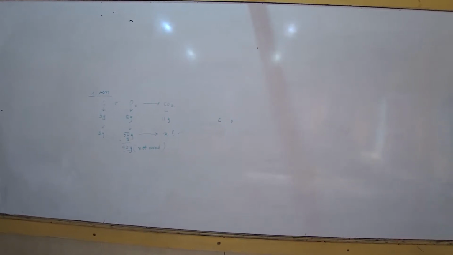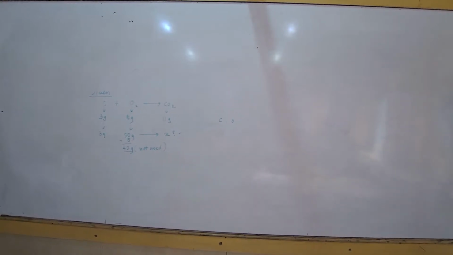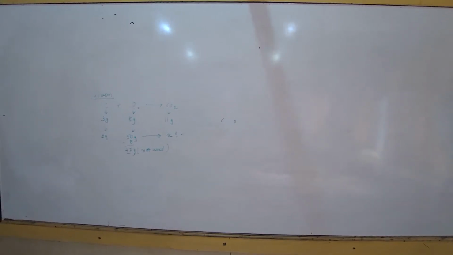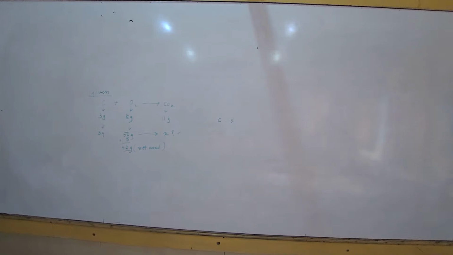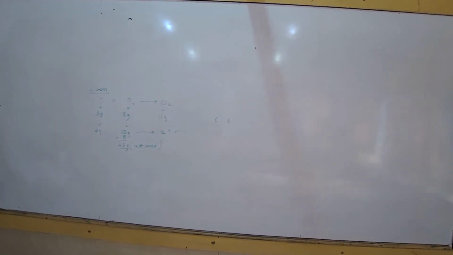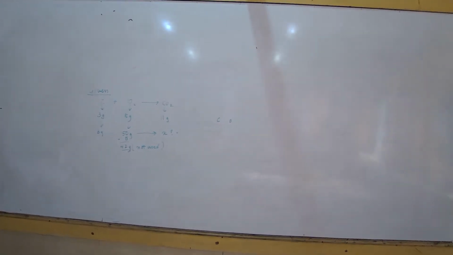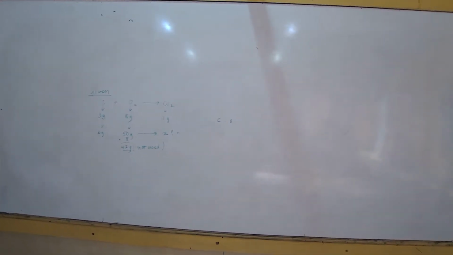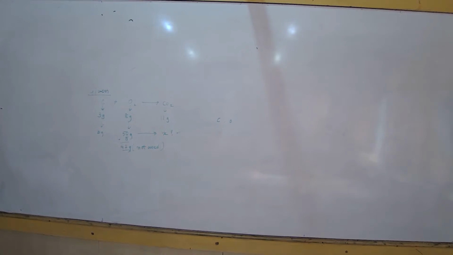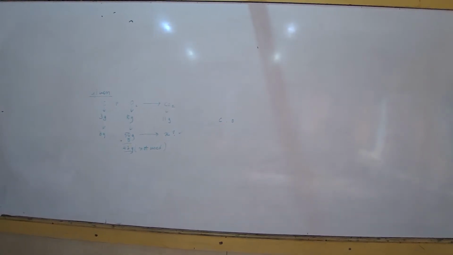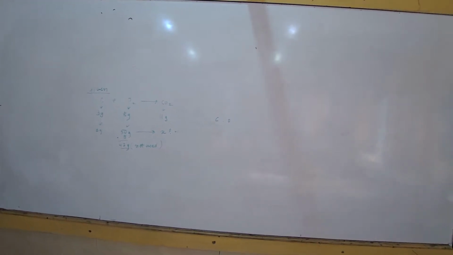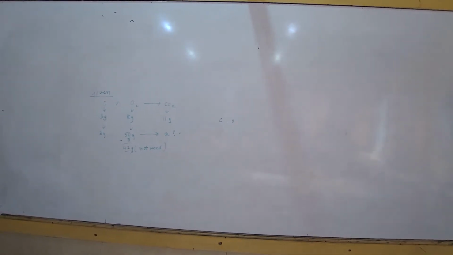Let's see question number 4. Question 3 you have already finished, 4 also we have finished. What is a polyatomic ion? What do you understand as polyatomic? More than 2 atoms.